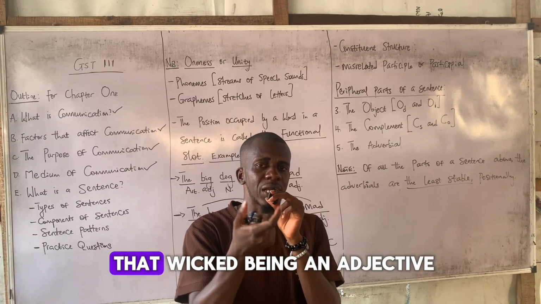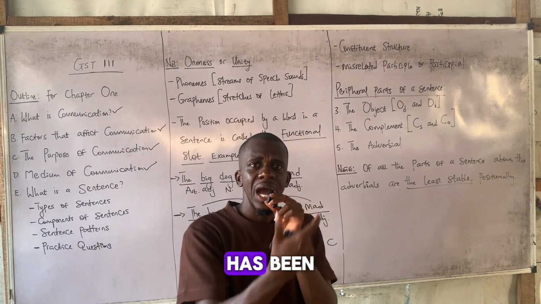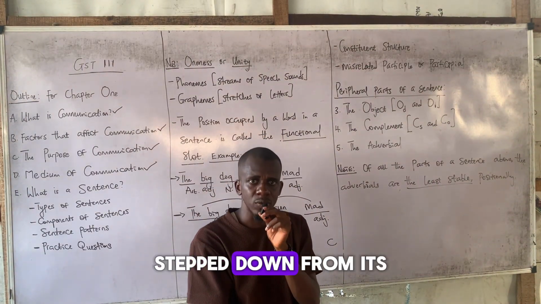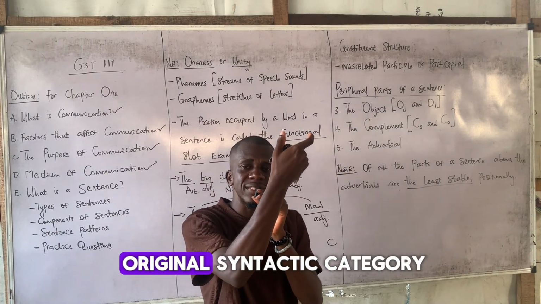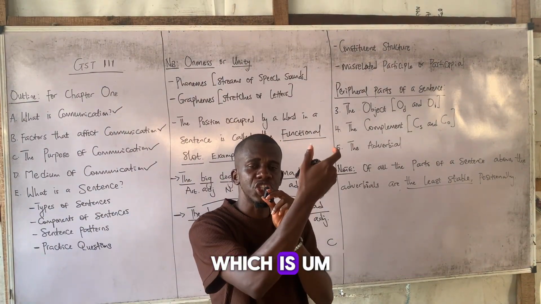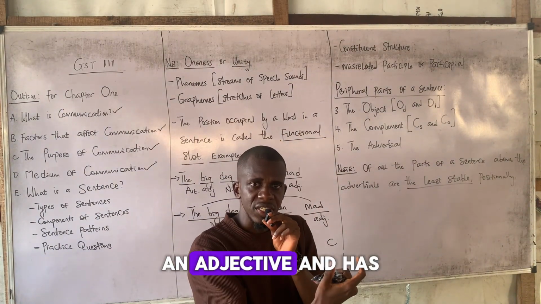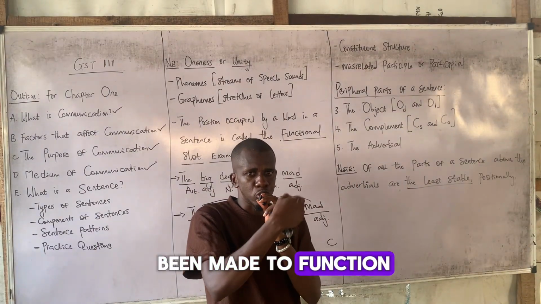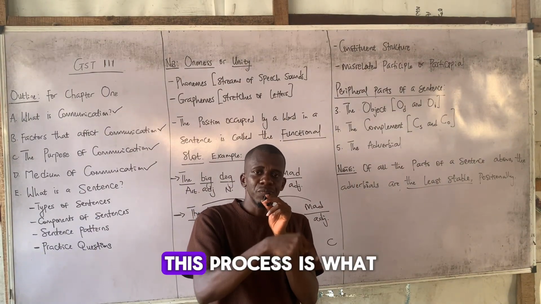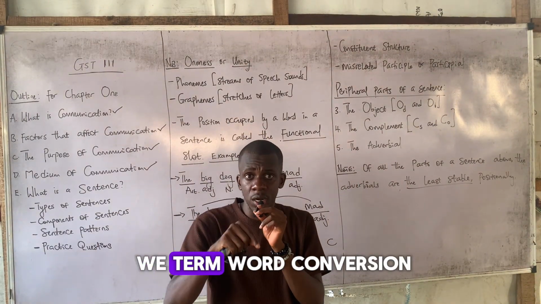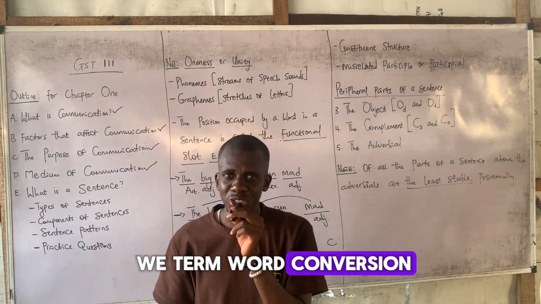So you see now that wicked, being an adjective, has been stepped down from its original syntactic category, which is an adjective, and has been made to function as a noun. This process is what we term word conversion.